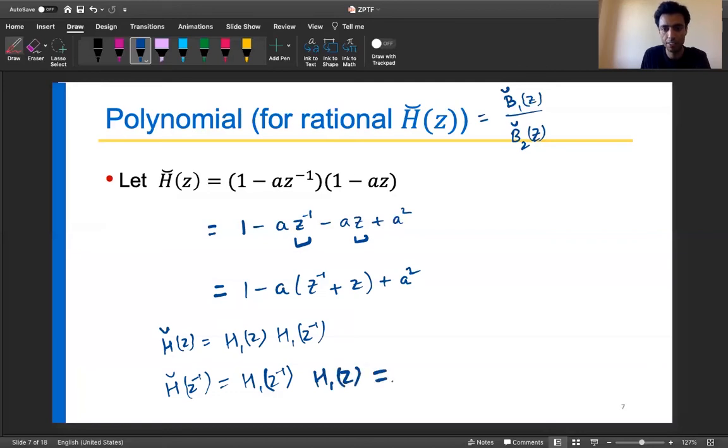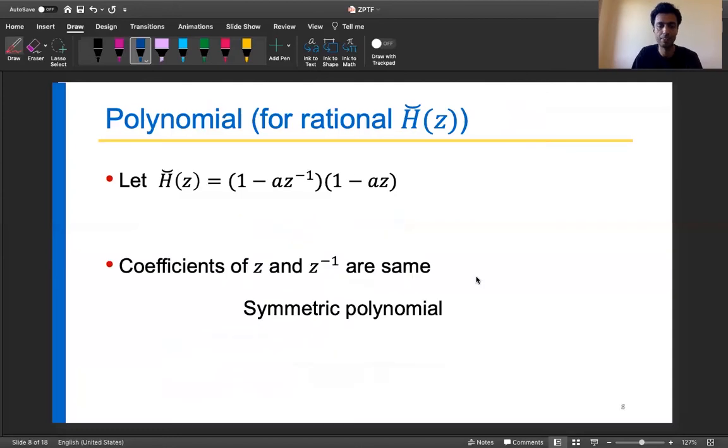So what I find is this is same as H hook Z. This is an important result. So this is the symmetry, that H hook of Z inverse is same as H hook of Z, right? So, okay, two things we saw. One is this property and the other is this property.